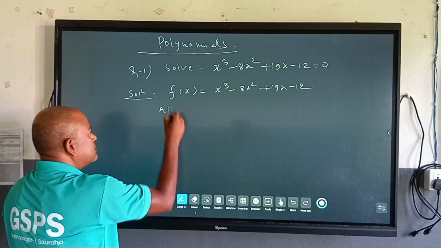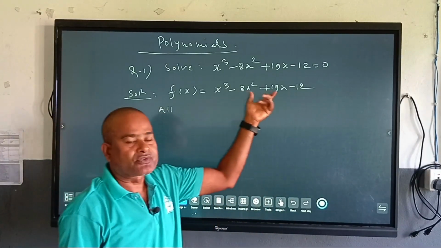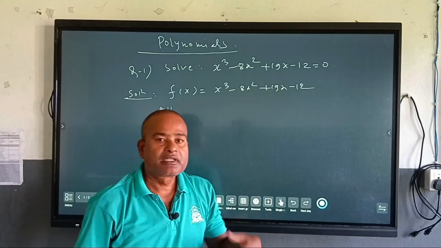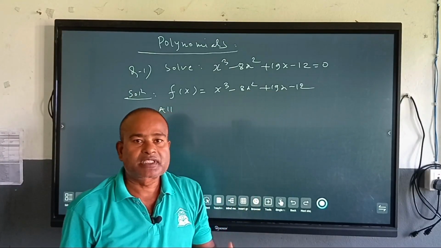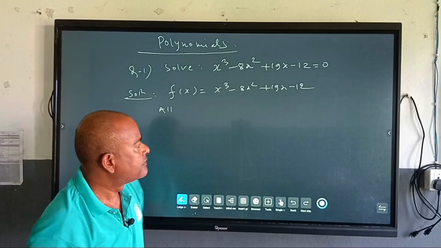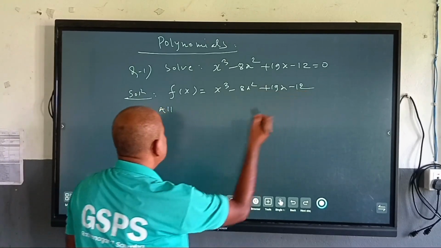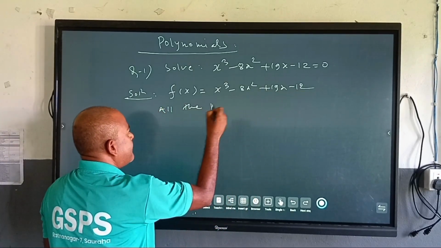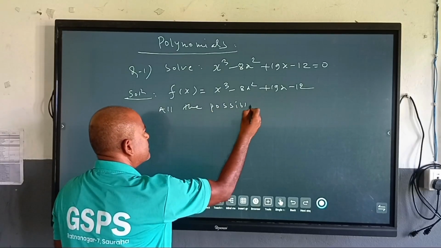Dear students, now to factorize this polynomial, at first we have to find all the possible factors of the constant term 12.